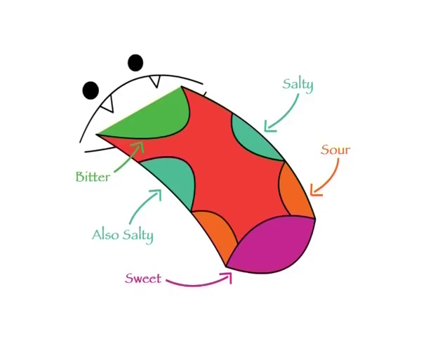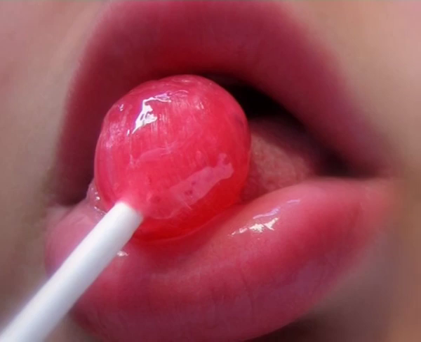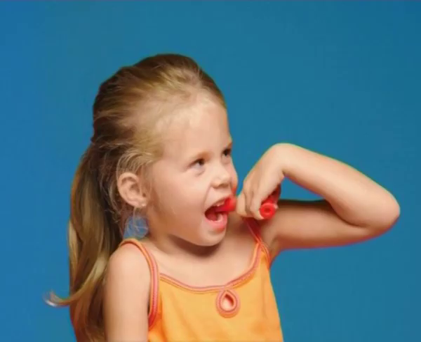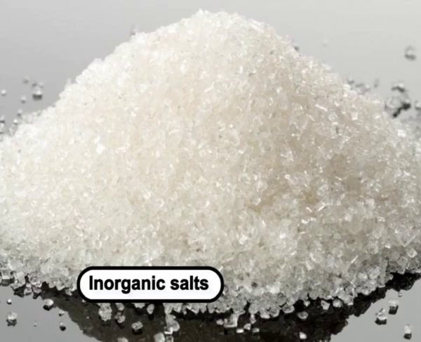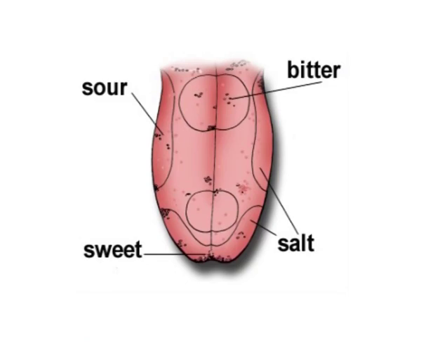Sweet receptors are mostly on the tip of the tongue, noted in a child's preference to lick a candy sucker rather than chew it. Sour receptors occur primarily along the sides of the tongue and are stimulated mainly by acids. Salt receptors are most common in the tip and upper front portion of the tongue. They are stimulated mainly by inorganic salts. Bitter receptors are located toward the back of the tongue.